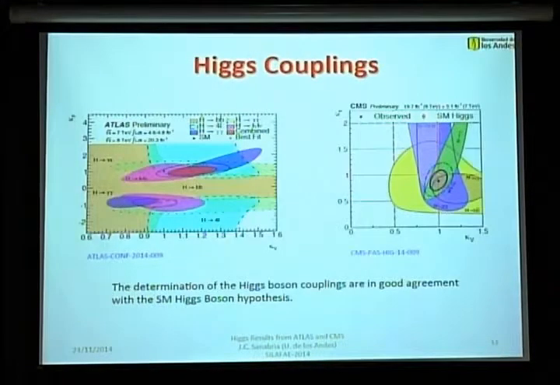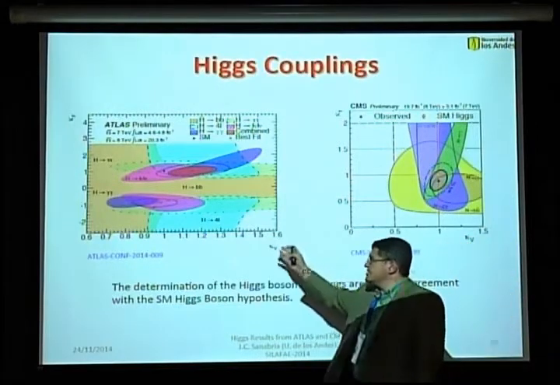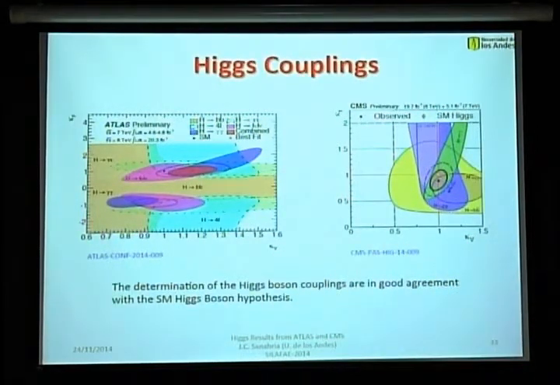Okay. Here are some examples, also shown in previous transparencies, of the studies done in these two publications by ATLAS and CMS of the coupling structures, and how they fare within the uncertainties of those studies. Here is only one plot as an example from CMS, and another plot as an example of the work done by ATLAS, but in the publications there are all kinds of plots and all kinds of fits, investigating all the benchmarks that I mentioned previously.